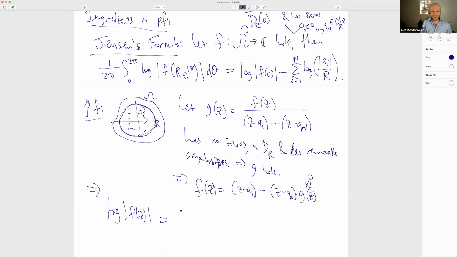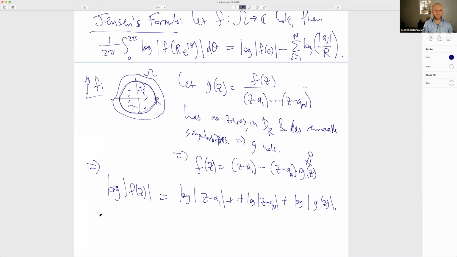Absolute values of all of these things, that's just the sum: log of absolute value of z minus a1 plus log of absolute value of z minus an plus log of absolute value of g. And so this formula is true piece by piece. Let's call this star. We will prove it piece by piece.